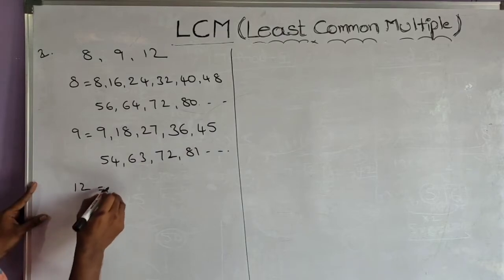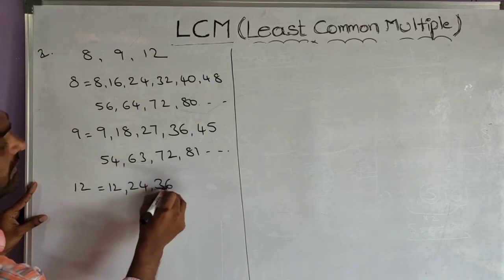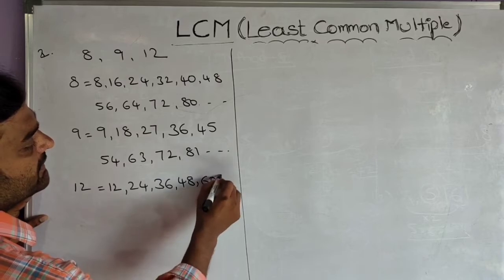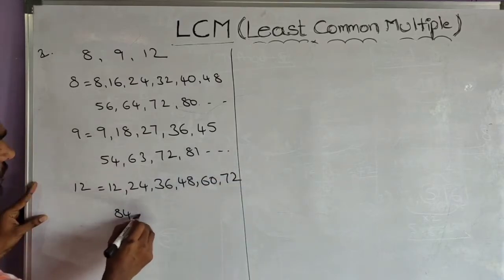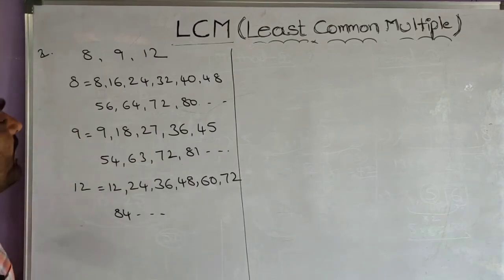Multiples of 12: 12, 24, 36, 48, 60, 72, 84 and so on.